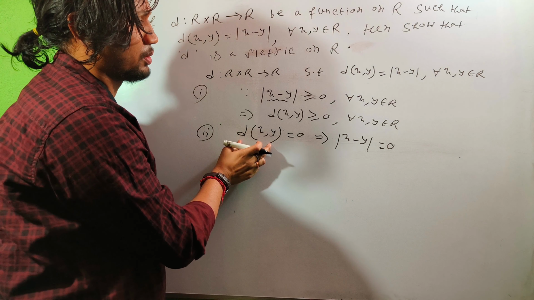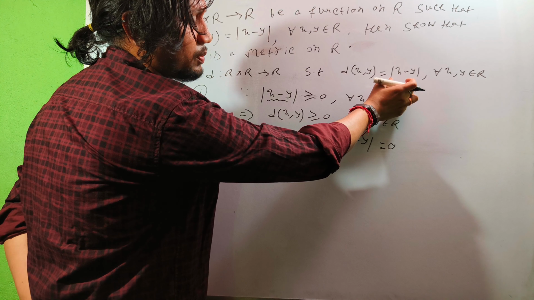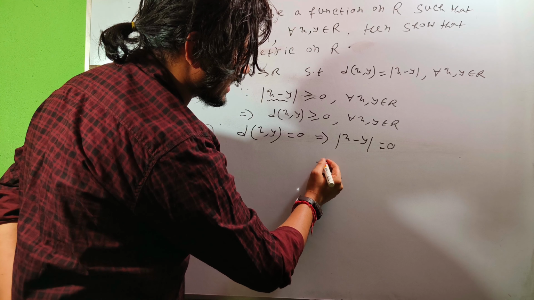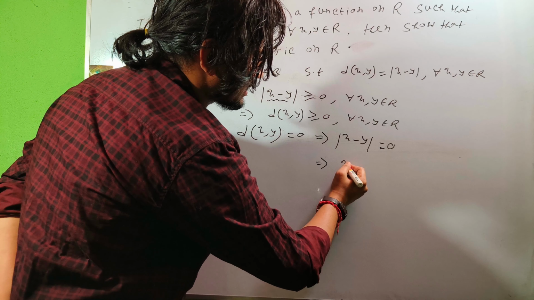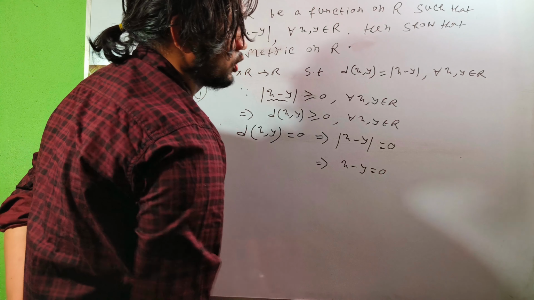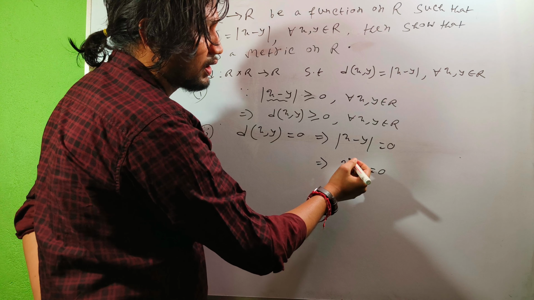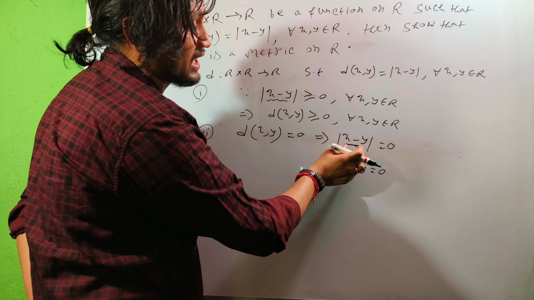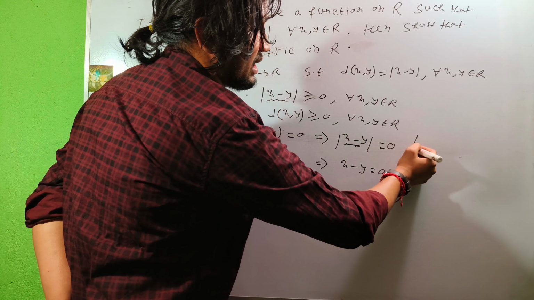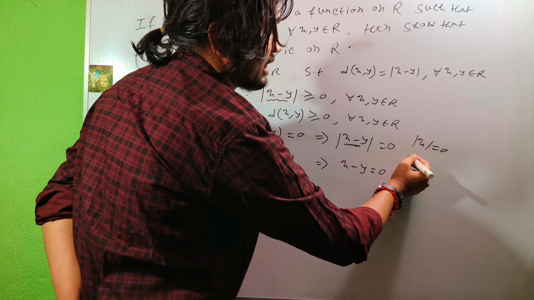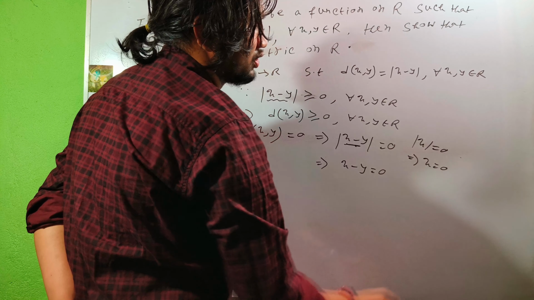As we know that D of x comma y is equal to mod of x minus y, which again implies that x minus y is equal to 0. As we know, the modulus function is equal to 0 only when x minus y is equal to 0.